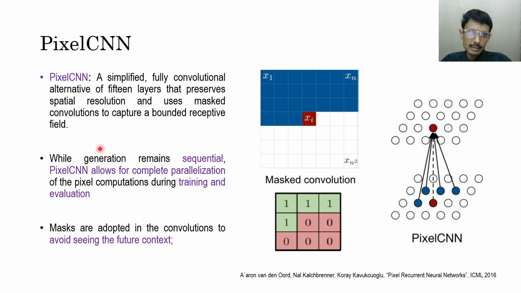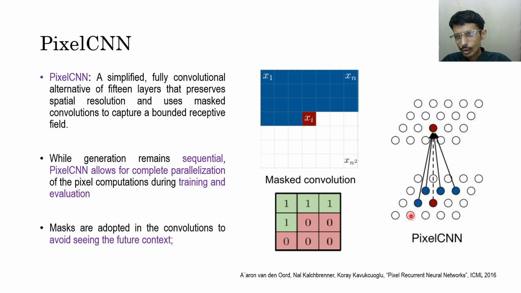Now, what do we mean by masked convolution? Here you see this is the pixel we want to predict. When we predict this pixel, all the pixels generated before it are taken into consideration.